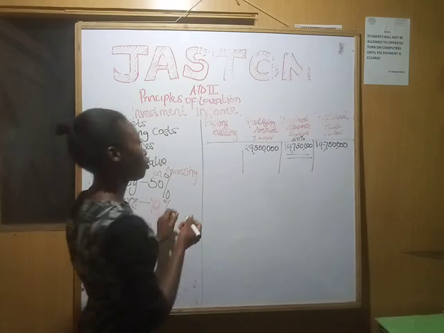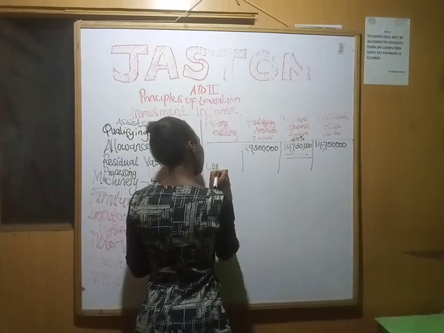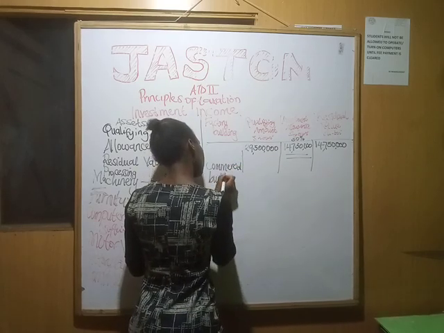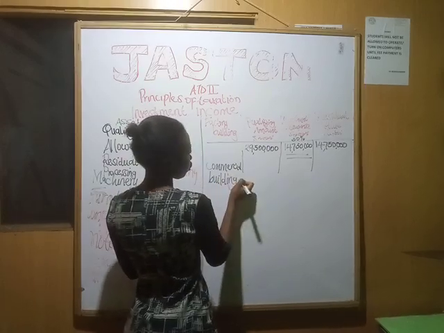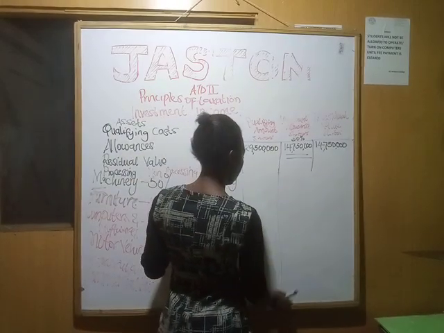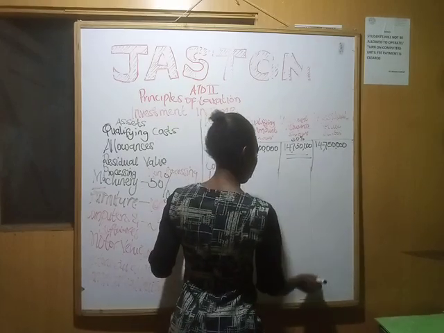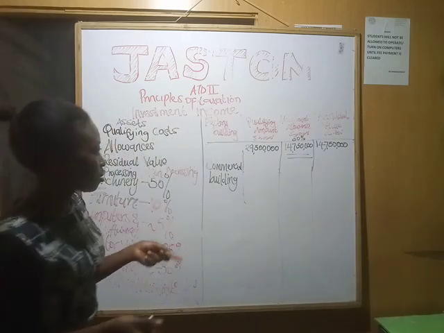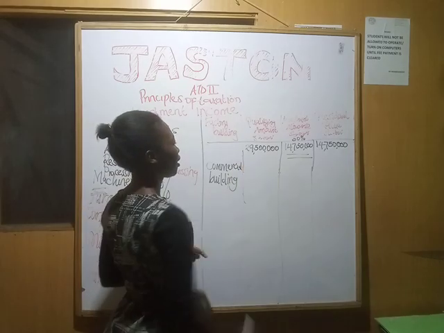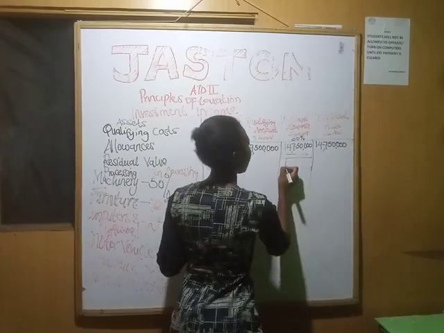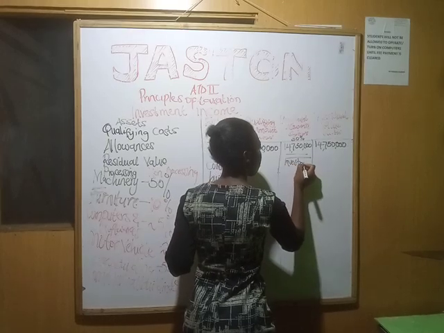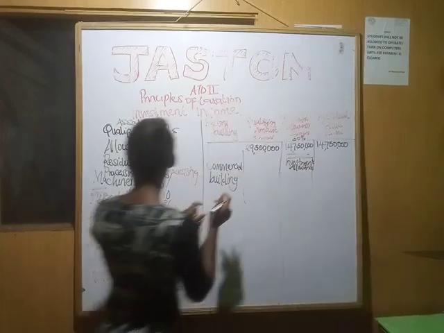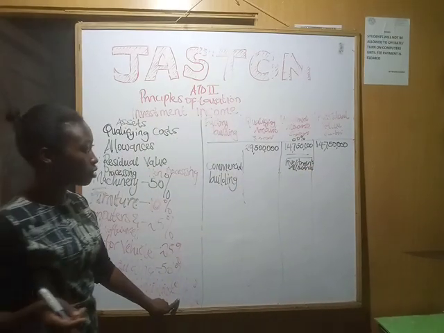Now we are going to commercial buildings. Let me just use one column to write our assets. We have the commercial buildings, the qualifying amount, and our investment allowance is different. Just like we've said, the investment allowance for commercial buildings is 10%.